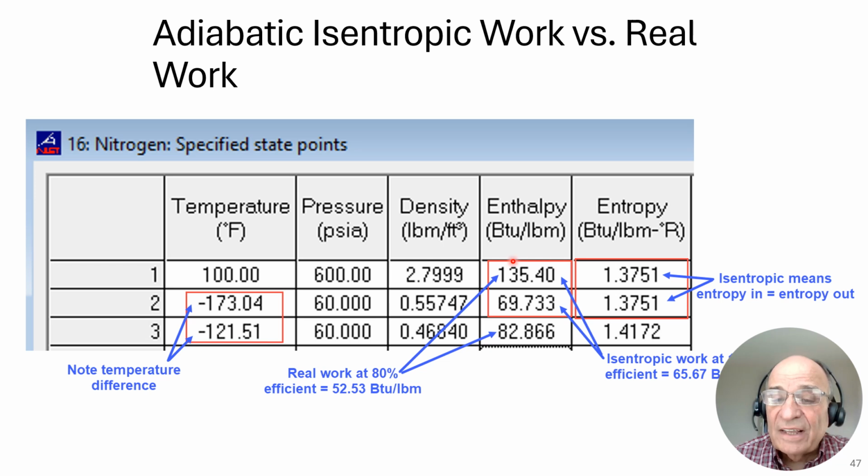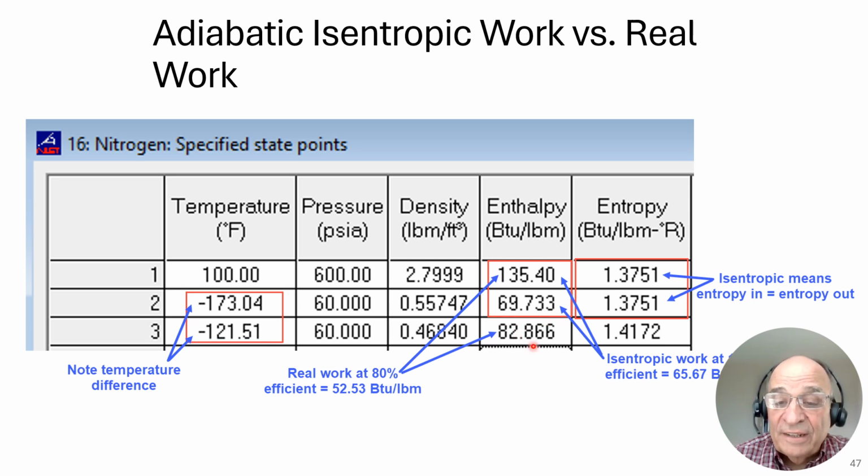Now, if you take this value and you multiply it by 80% or 0.8, you get a smaller number. You take that smaller number, subtract it from here, and you get the actual enthalpy of the gas coming out. And the actual enthalpy is a higher enthalpy. Instead of being 69.7, it's 82.8.